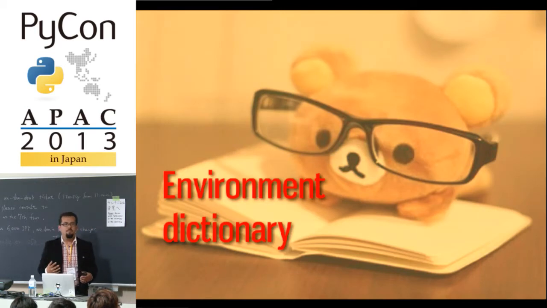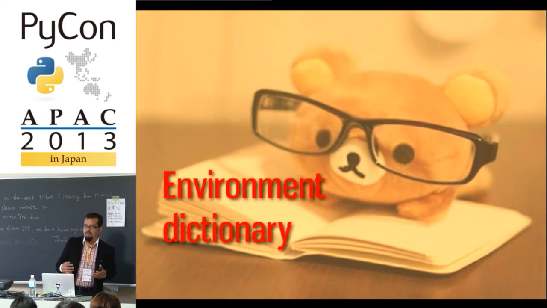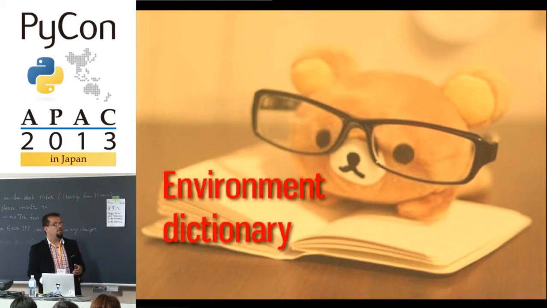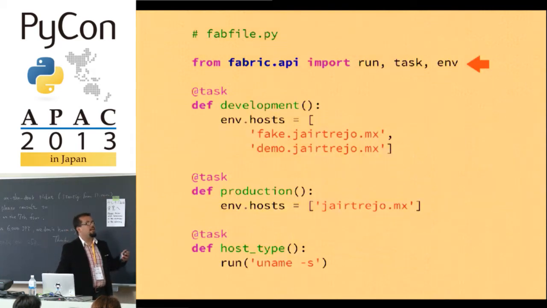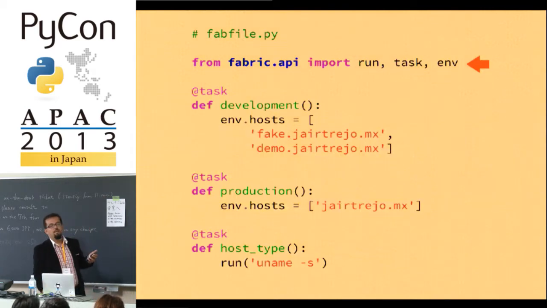Sometimes configuration is more involved. You need different users, or things are located differently on different servers. So we have the environment dictionary, where you can store task configuration information and where you can share state between tasks. With this in mind, you can write tasks that only do configuration.